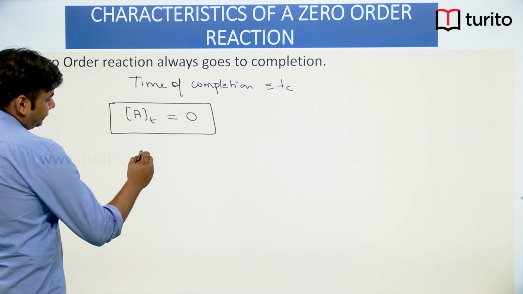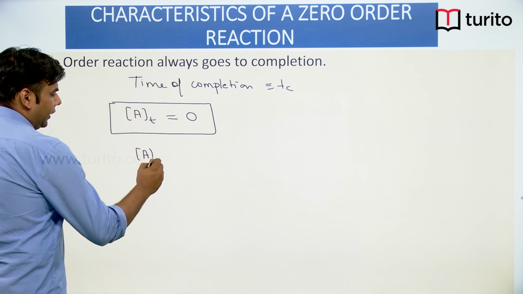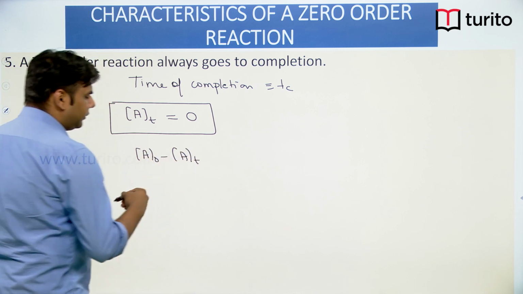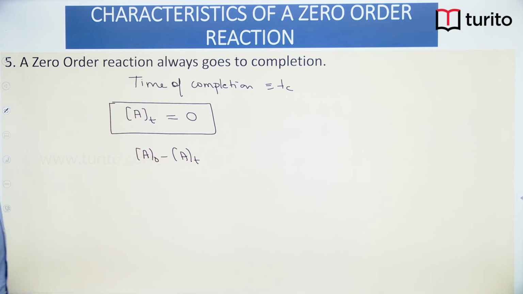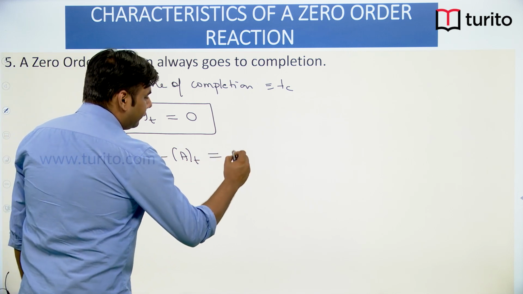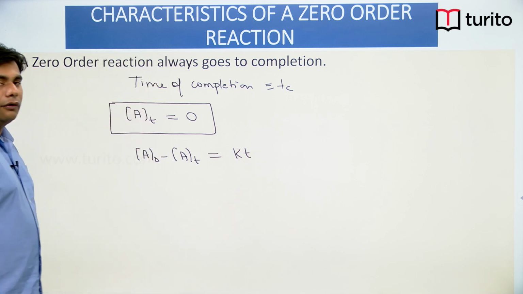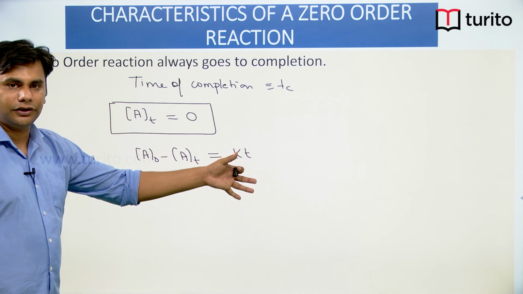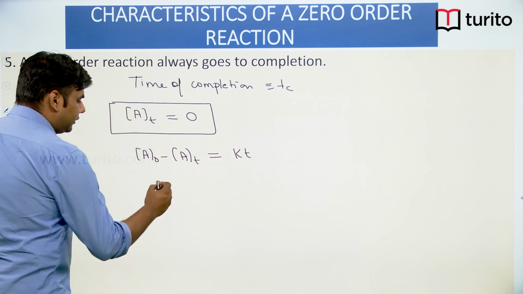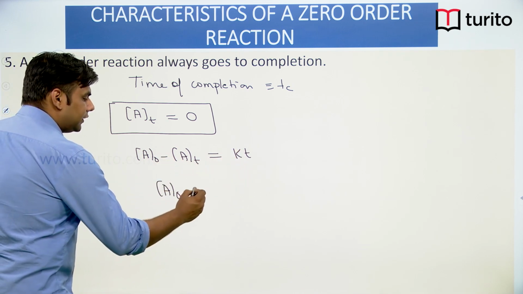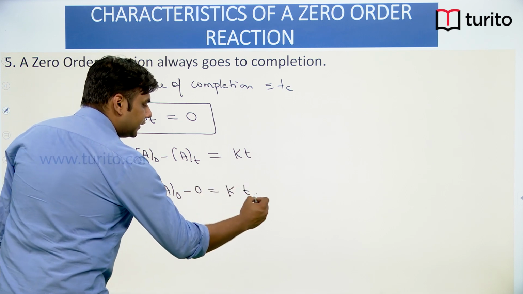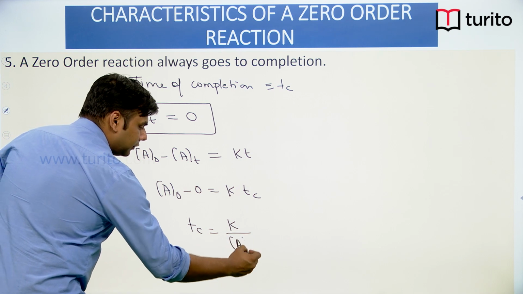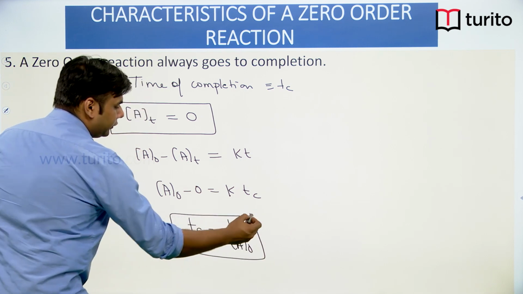So we know that A naught minus A t, the concentration of A at time t, is equal to K into t. When the reaction has completed, A t was the final concentration of A, so this would be 0. So A naught is equal to K into Tc, and basically Tc is equal to A naught upon K. Again, a very important expression which you should know.